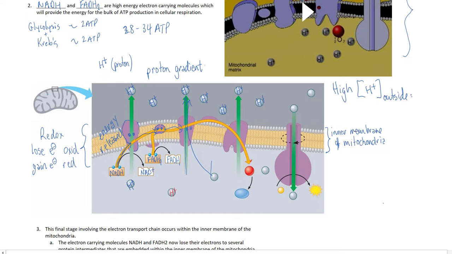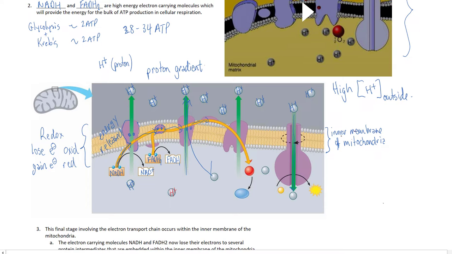All right. And the electrons continue down their path from one enzyme to another along the inner membrane. And this high concentration of hydrogen ions now provides the energy here at the end to drive ATP synthase, right?